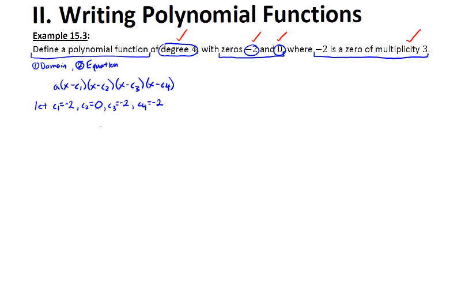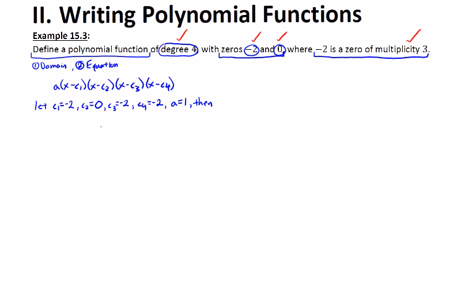So if there are no other requirements, I'm going to go ahead and select a to be 1. 1 would be the nicest leading coefficient we could have. When we do factoring, this is the coefficient that we like to have at the very beginning. If there's no requirement that says otherwise, I would just pick a to be 1.